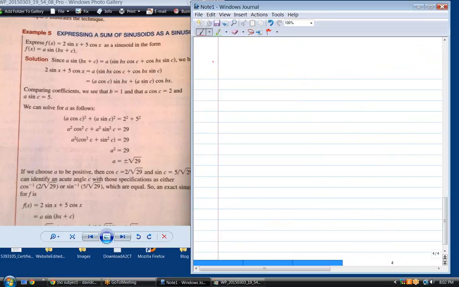Okay, so we're going to have f of x equals a, which in our case came out to be square root of 29. No, excuse me, that's their case.